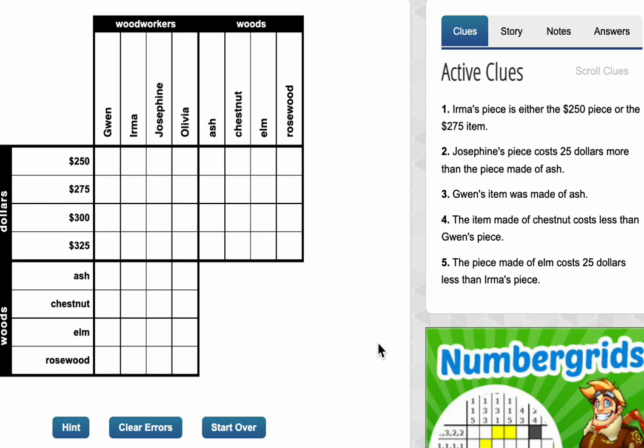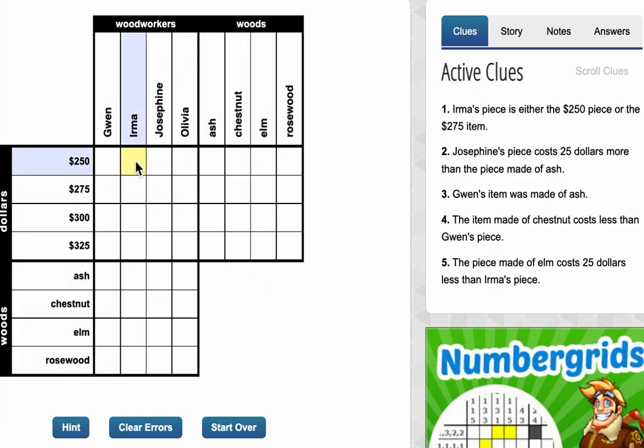All right. So we have reference to money, the name of the woodworker, and the type of wood. And this is the first time I'm seeing this problem. So just to be clear about that. It says Irma's piece is either the $250 piece or the $275 item. So for Irma, where's Irma?